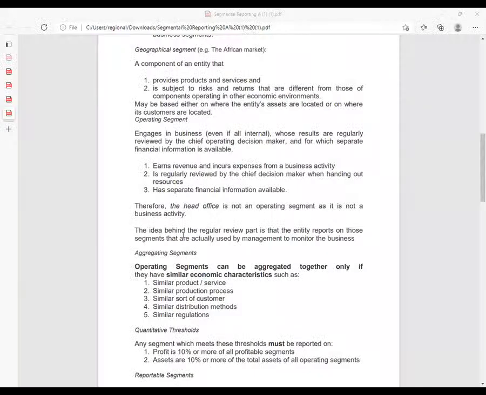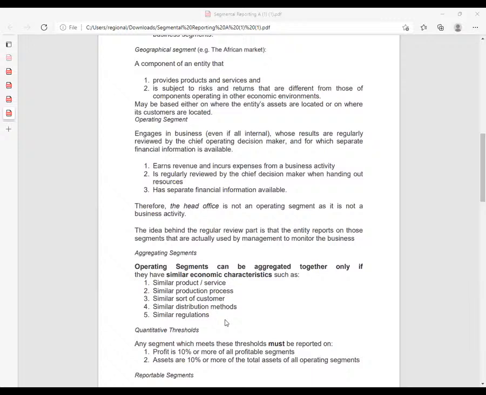So we are told here, at the end of the day, ladies and gentlemen, that we must aggregate some of these segments. We must put together some of these segments, right? Operating segments can be aggregated together only if they have similar economic characteristics, such as similar services or products, similar production processes, and a similar sort of customer who comes and picks goods from department A, department B. So we are sharing customers.